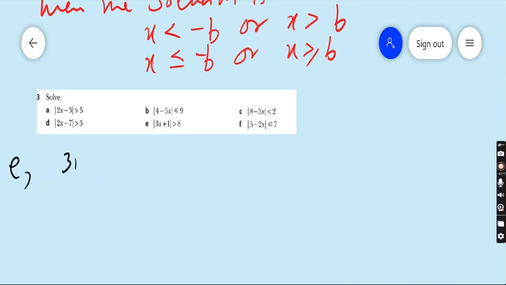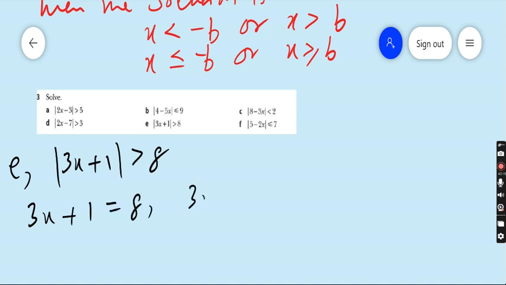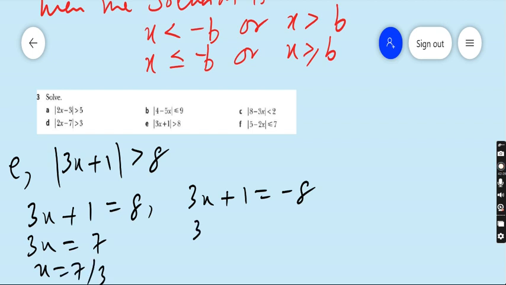Part E is absolute value of 3x plus 1 greater than 8. 3x plus 1 is 8, and 3x plus 1 is equal to -8. 3x is equal to 7, x is equal to 7 upon 3. 3x is equal to -9, x is equal to -3.